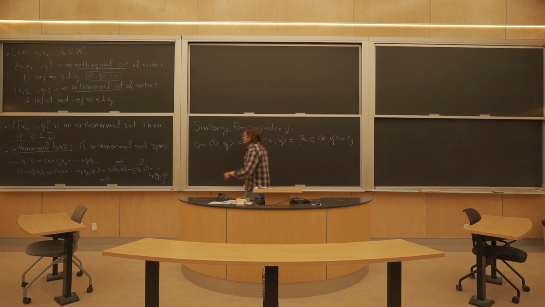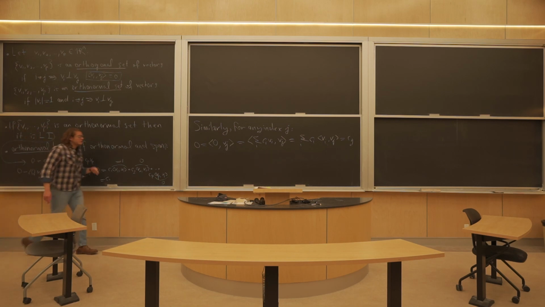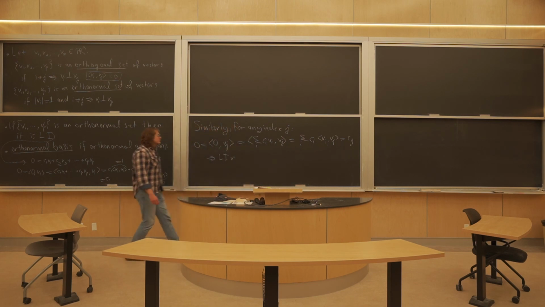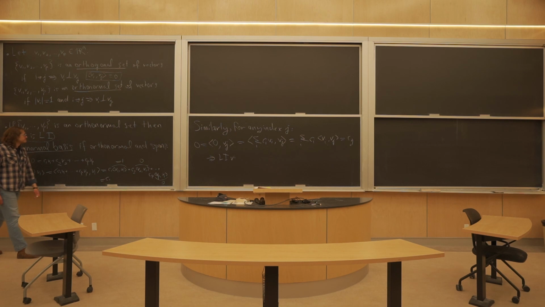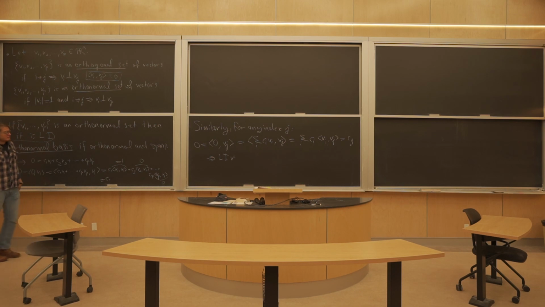That means that this linear combination that I started with really was using only 0 as a coefficient. So indeed, these vectors are linearly independent. Okay? So orthonormal sets are also linearly independent. And if you have sufficiently many vectors in your orthonormal set so that you span everything, or you span the subspace that you want to span, then you call it an orthonormal basis.